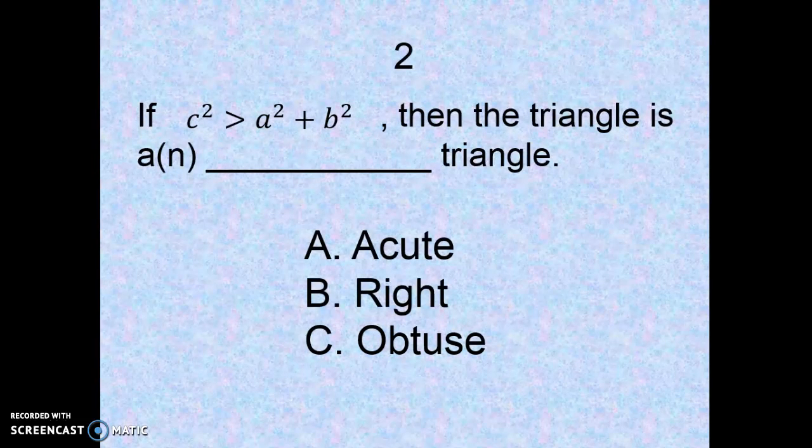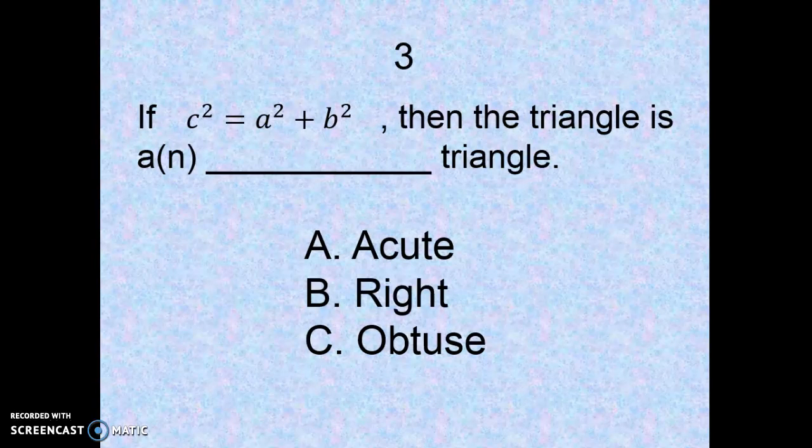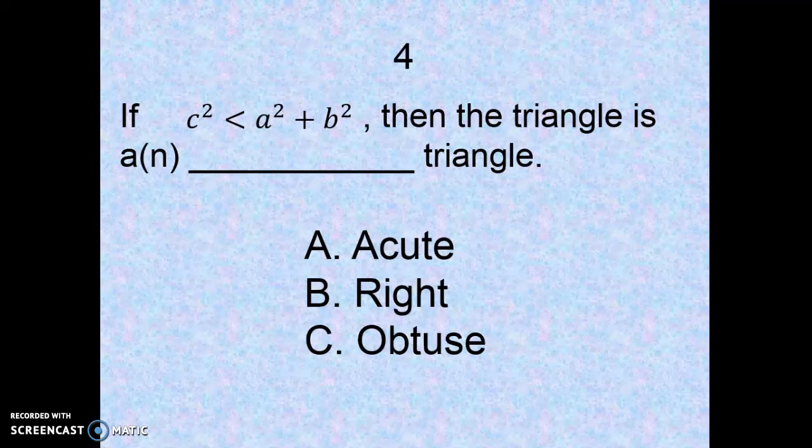Can you tell me, is this going to be an acute, a right, or an obtuse triangle? Almost the same question. Notice I changed something. All I changed is right there. Well, what kind of triangle is that one going to be? And once again, all I changed is right here. That's the only change I made. Which one is it? If you got the other two right, you can get this one right.